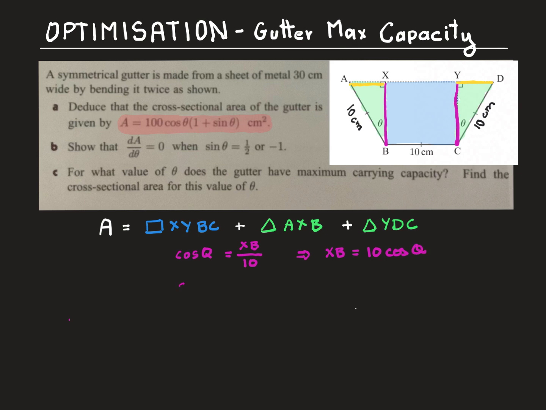And sine theta, which is equal to AX, opposite, over the hypotenuse, will mean that AX is 10 sine theta. And we'll need to use these two lengths to figure out the area.